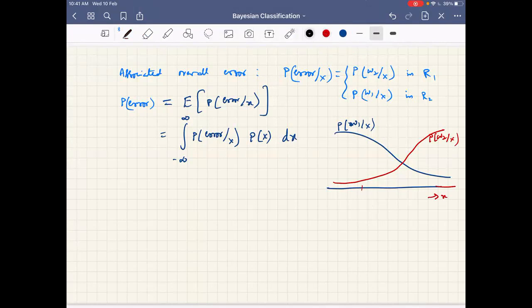That's why the probability of error I can now write as the integral of probability of error given x into p of x dx. Is this clear? This is the overall error when the decision is made with the posterior.